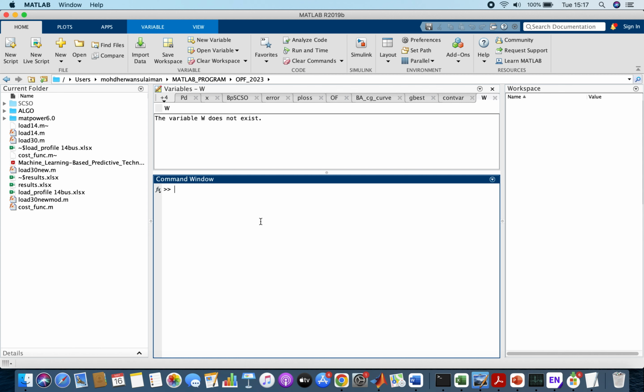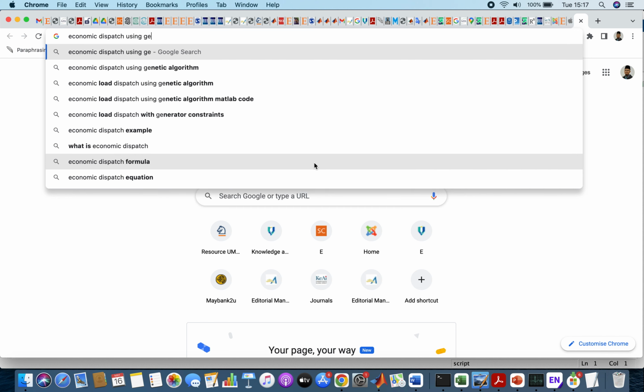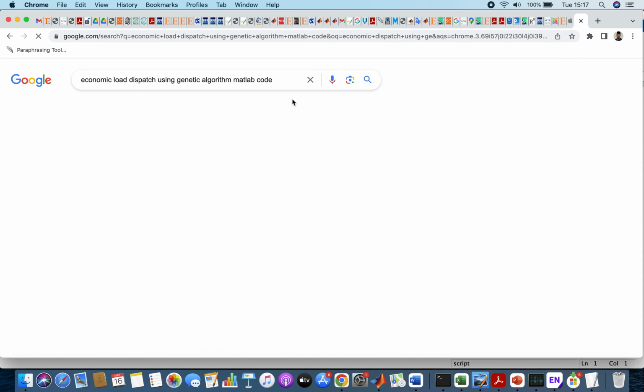Basically the toolbox you can find on the internet, but I think I have saved it. So you just type economic dispatch using genetic algorithm MATLAB code.